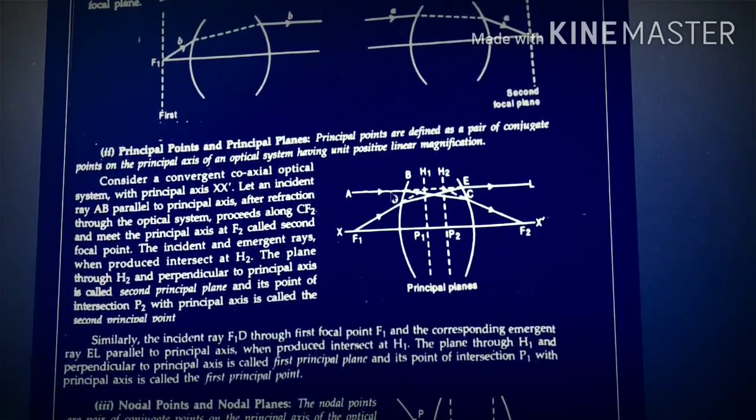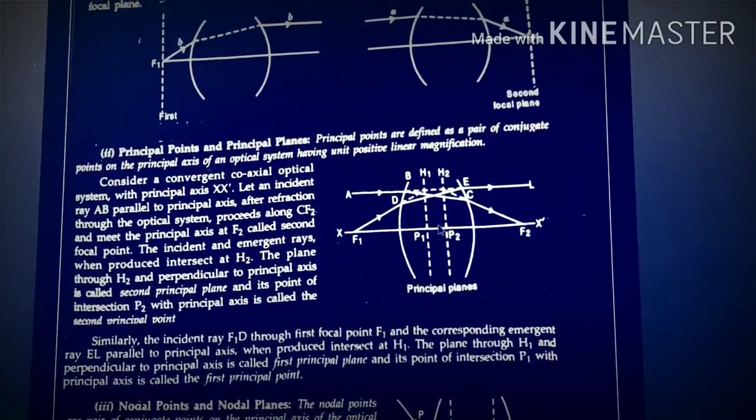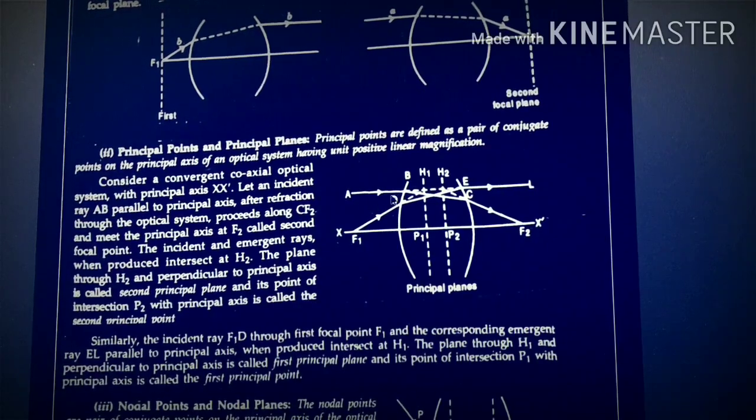If the optical system is not in front of the incident ray AB, then this is the original ray and this is the emergent ray.